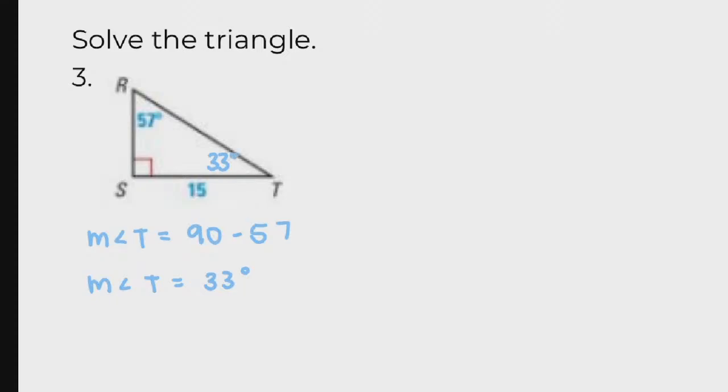Okay, so now we have to find the missing sides. So let's use tangent of 57. That'll give us RS. Here, let me label these. I'll call this X and this Y. So tangent 57 would be 15 over X, because it's opposite over adjacent.